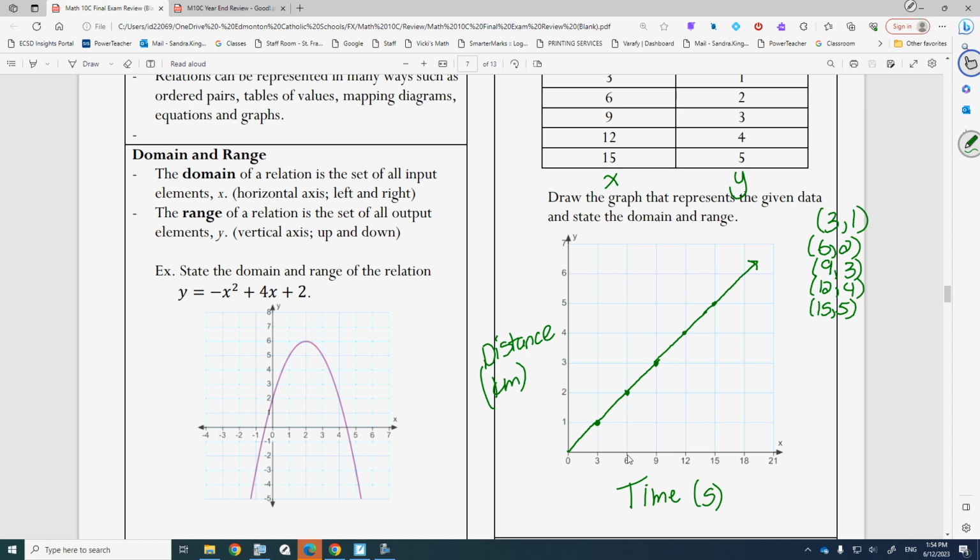Now, remember, when we connect dots, was that discrete or continuous data? What was this data called? Continuous. So write down somewhere, connect dots is continuous data.